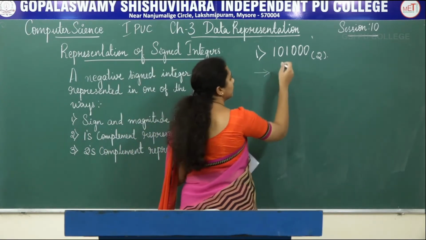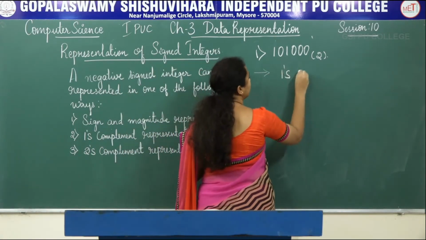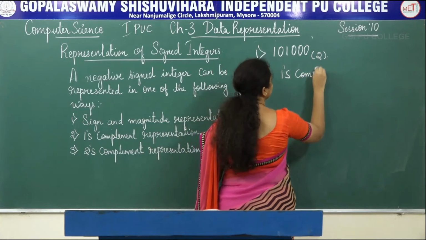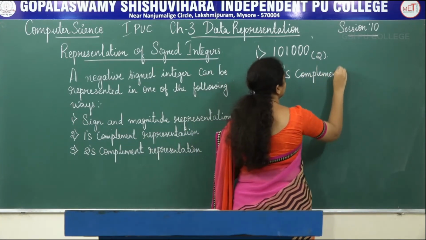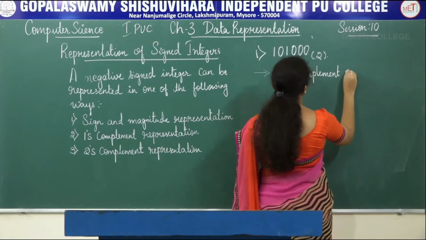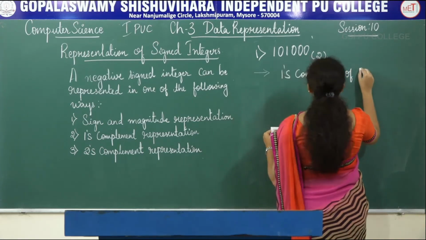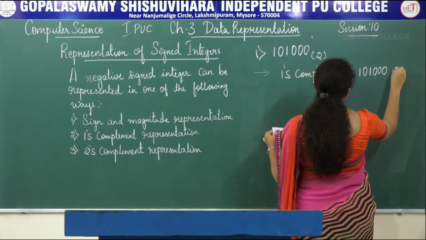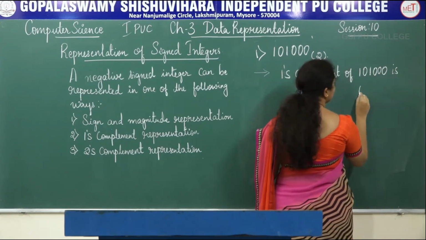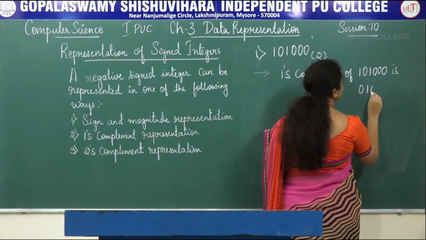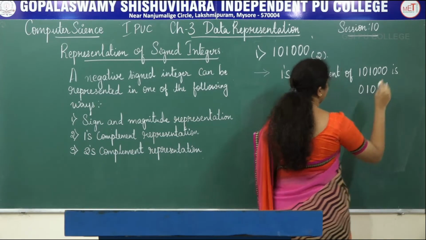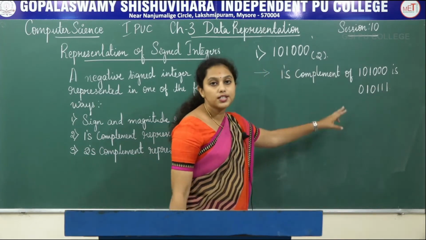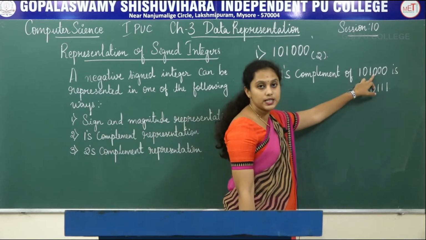See here, what is the 1's complement of this number? 1's complement of 1, 0, 1, 000 is 0, 1, 0, 111. So this is the 1's complement of this number.